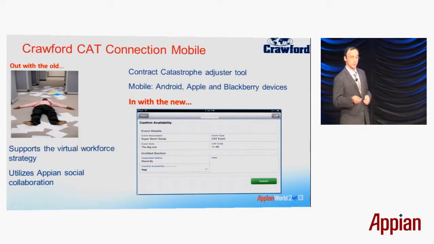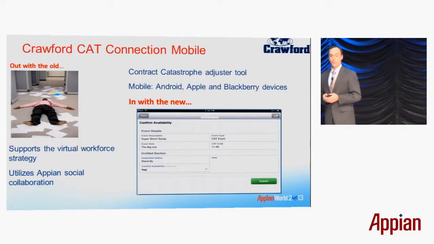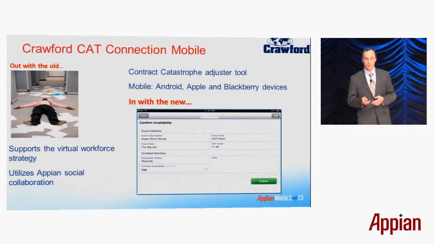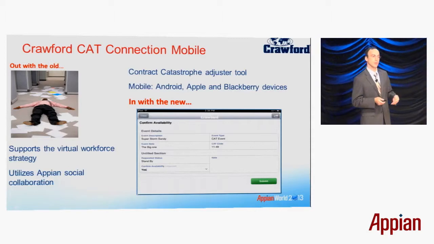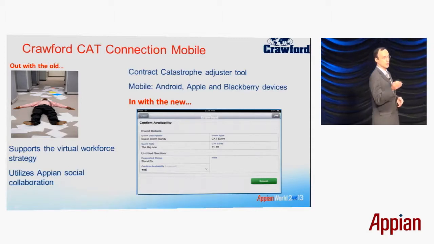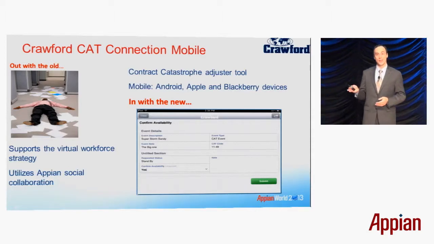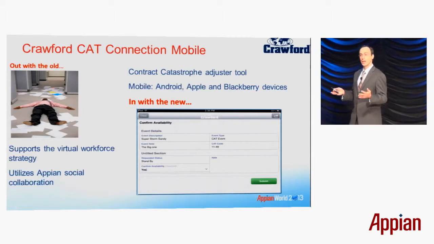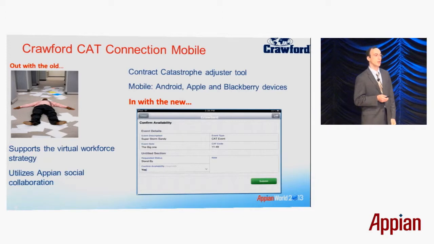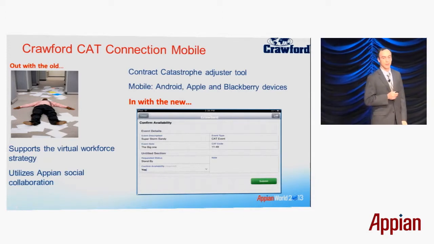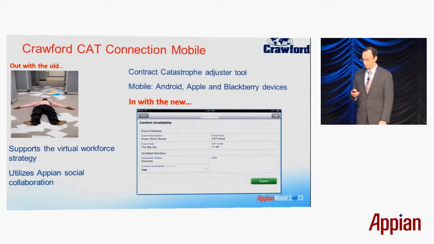As an example, you see on the right-hand side a mobile screen in which an adjuster is receiving an assignment and confirming availability for that assignment. They don't have to come back to the office several times a day to get those assignments. They're out there on the move using their smartphones, mobile devices, and getting that communication in place.